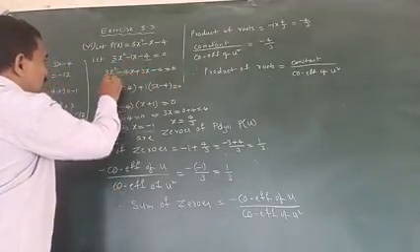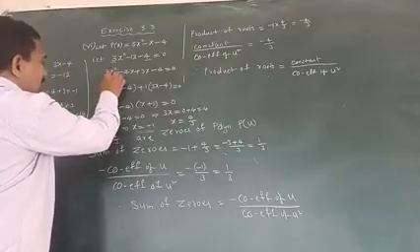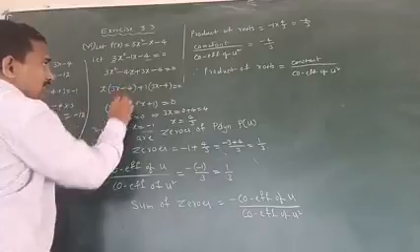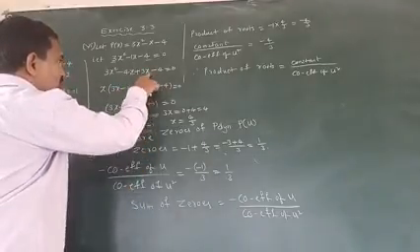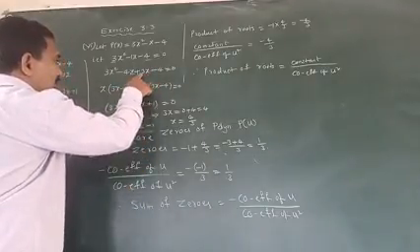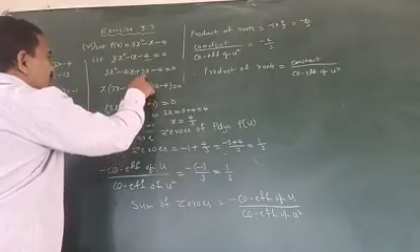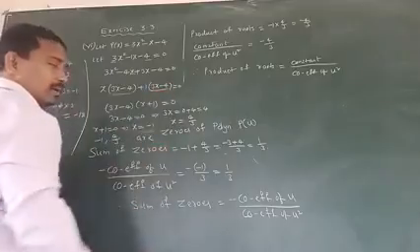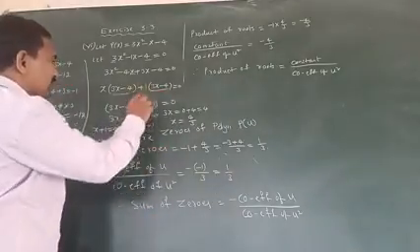Now from these two terms, take x common. What is the remaining factor here? 3x. By taking x common, the remaining factor is minus 4. Here for these two terms, there is no common factor, so let 1 be the common factor. Take 1 common, so 3x minus 4. Now again 3x minus 4 is a common factor. So take 3x minus 4 common.